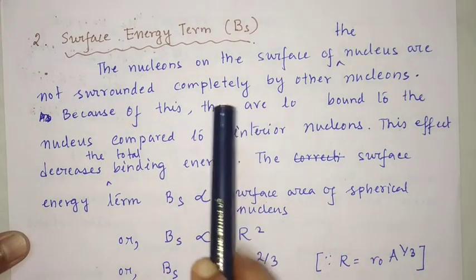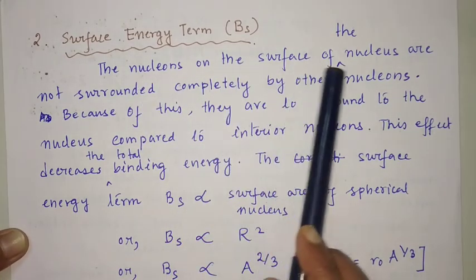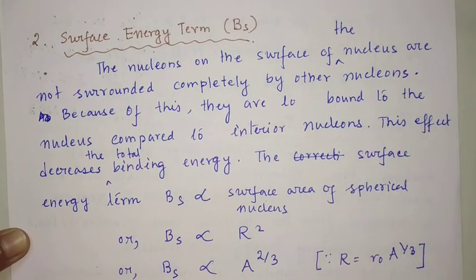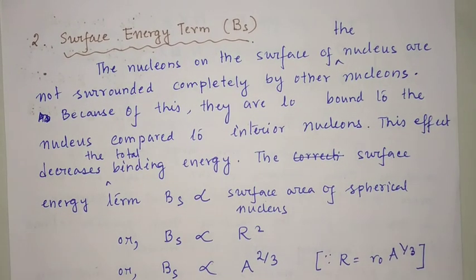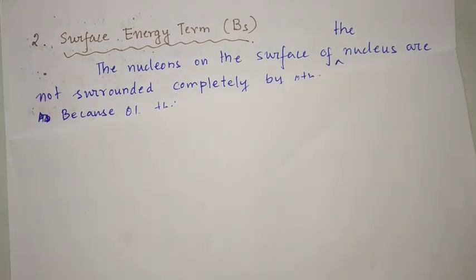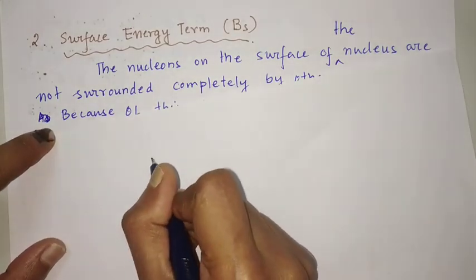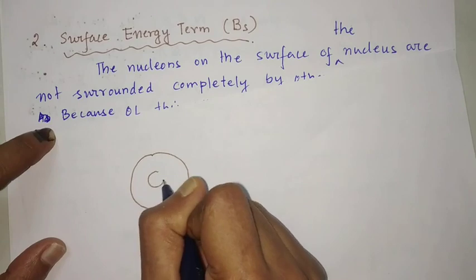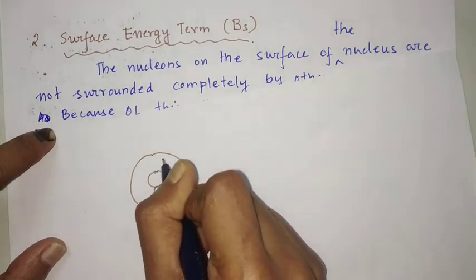It happens because the nucleons on the surface of the nucleus are not surrounded completely by the other nucleons. Suppose we have a nucleus like this, where we have these nucleons.